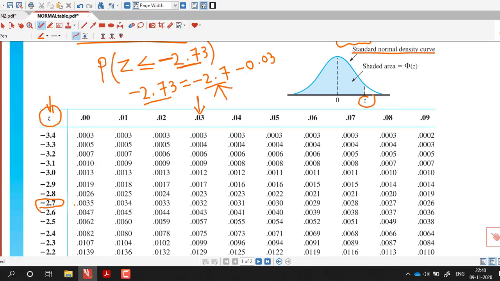So the value corresponding to minus 2.73 is the intersection of this row, going up to 0.03, and here going up to 0.27. So this is the required value, 0.0032.